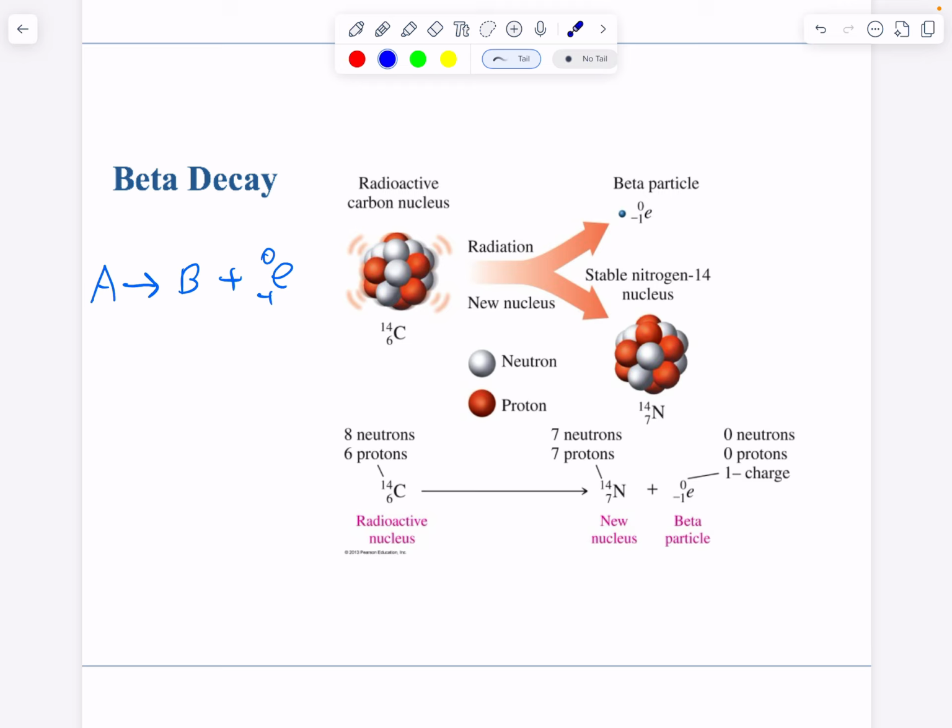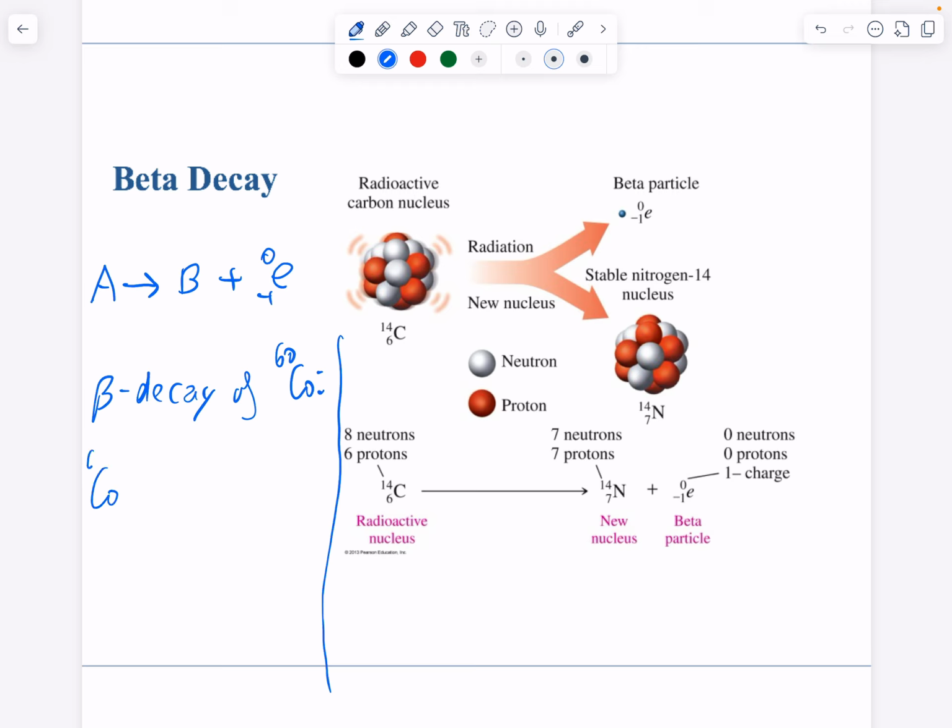Now I want you to write the beta decay of cobalt 60. Same example that we did for alpha. Cobalt 60, 27, is going to decompose into something else plus a beta ray or electron.